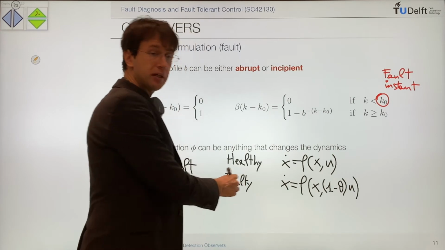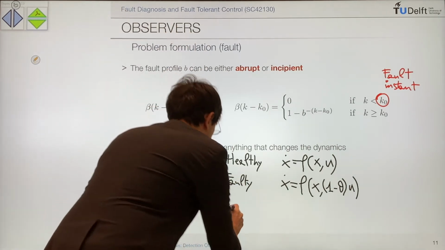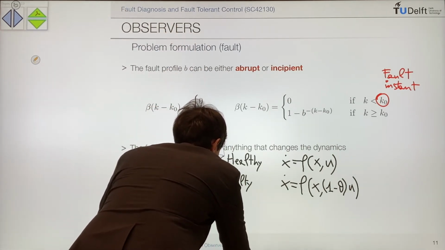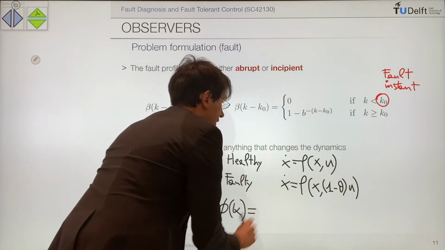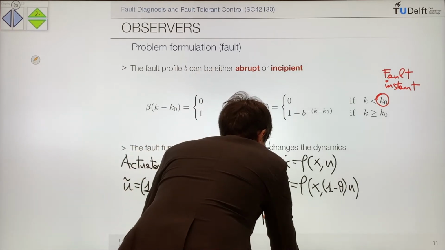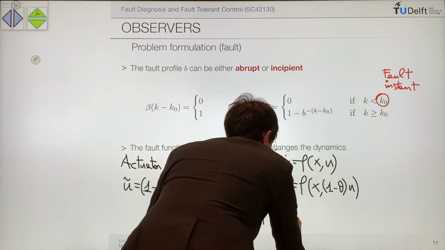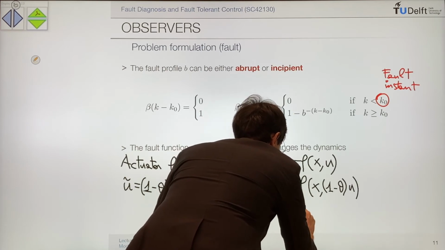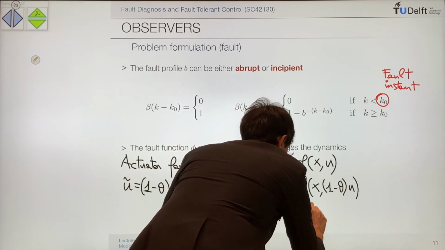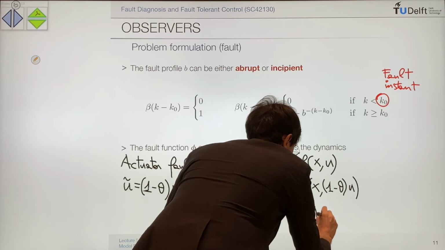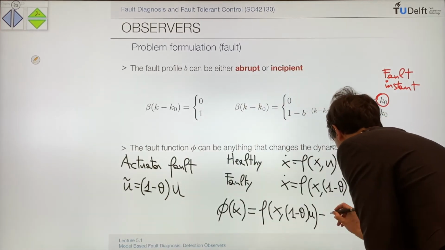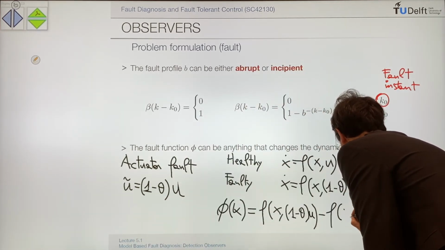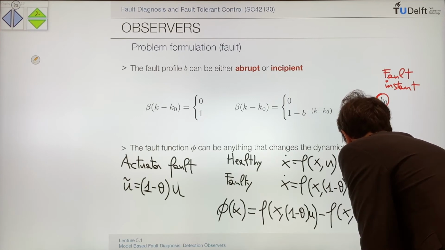And you can simply implement this if you define phi, the fault function, to be f of x, 1 minus theta u, so the faulty minus the healthy f of x, u.